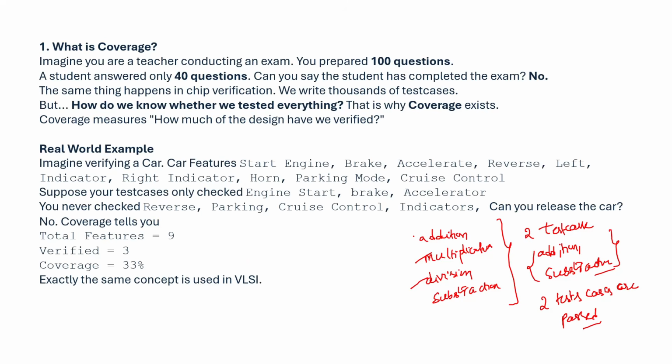Your calculator is verified for addition and subtraction only, and you have not verified multiplication and division. So you can't say that your design is verified 100%. Only 50% is verified, and the remaining test cases you need to pass.